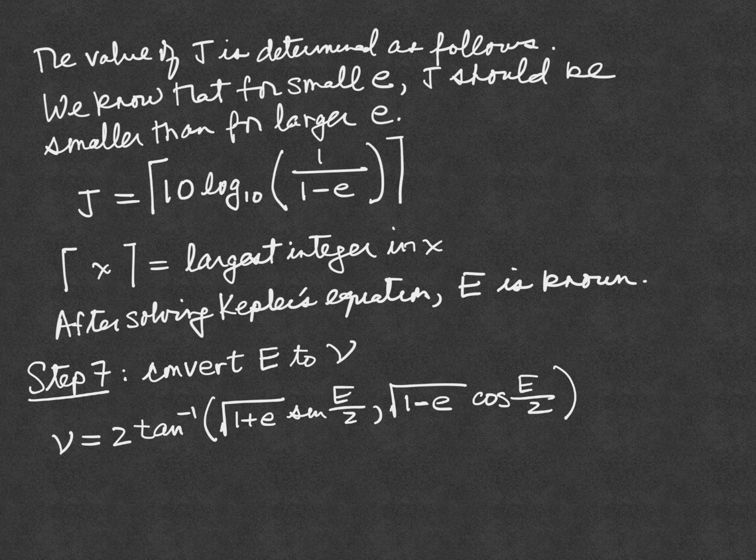So in one step, we actually have the value of nu given the value of e, because we just computed the eccentric anomaly in the previous step by solving Kepler's equation.